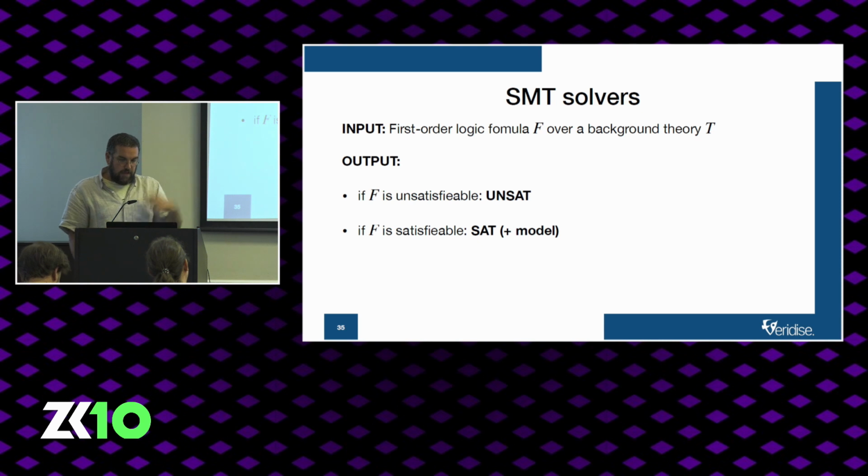What the SMT solver does is take a first-order logic formula over a given background theory T. So you have, let's say, the theory of integers together with all the axioms of the integers, and some logical expression that says something about the integers. The SMT solver should either say this is not satisfiable, or conclude that it is satisfiable, and possibly give you a model, a satisfying assignment, in the end.